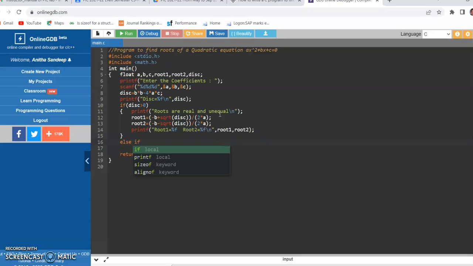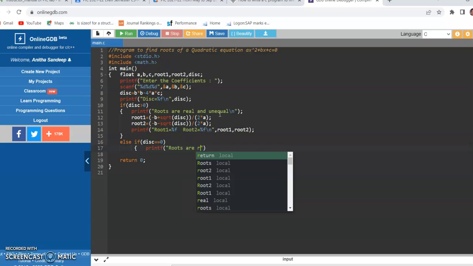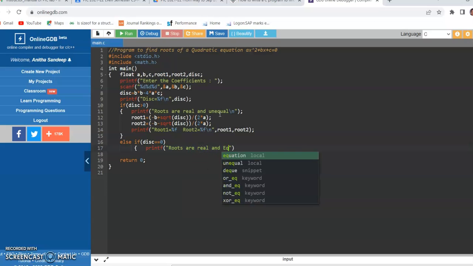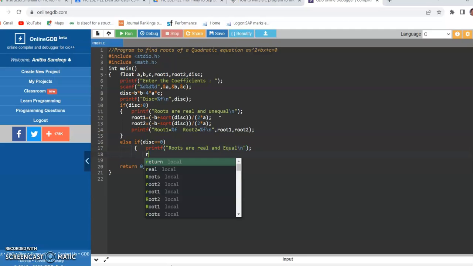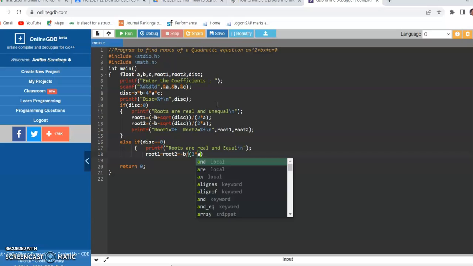Else you check whether discriminant is equal to 0. If so, printf roots are real and equal. And root 1 equal to root 2 equal to minus b divided by 2 into a.